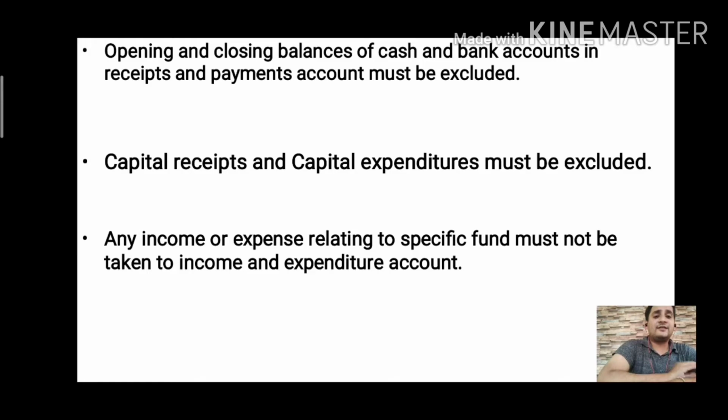So, that donation will be what? Considered as a specific fund. So, specific fund will again be considered as a capital receipt. So, capital receipts must be what? Excluded while preparing income and expenditure account. So, that is why the income or expenses relating to specific fund will be excluded while preparing income and expenditure account.